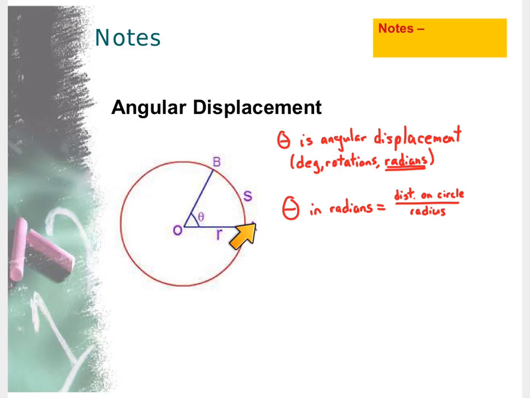So if this is a length of s meters, then I can say that theta in radians equals this distance s that I traveled along the circle divided by the circle's radius r.